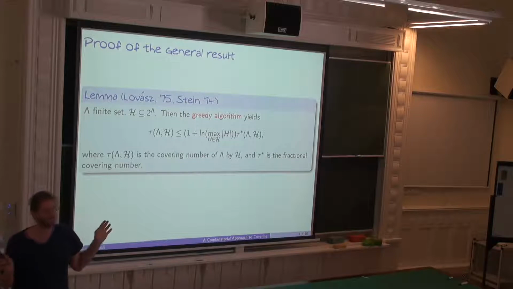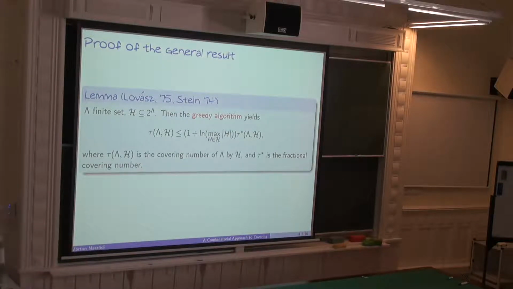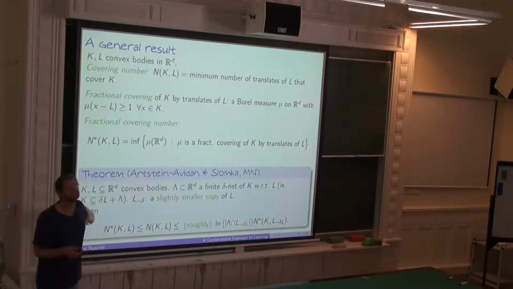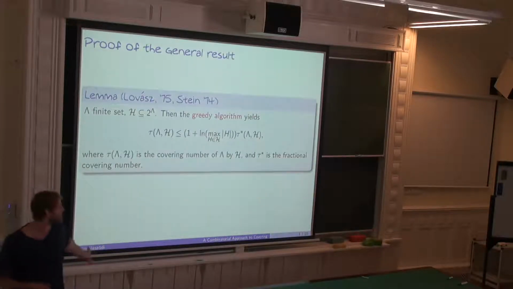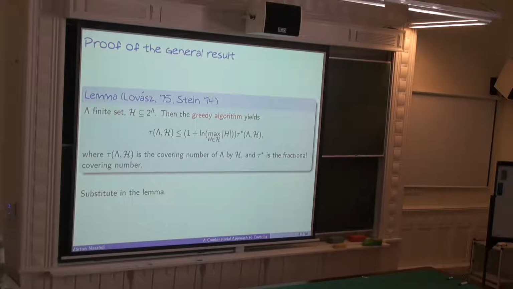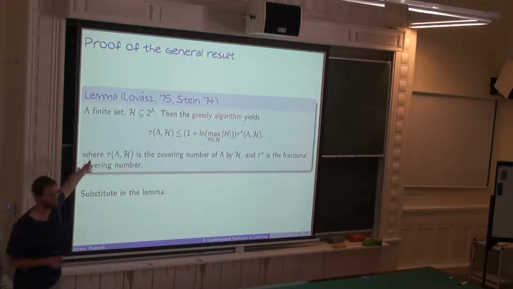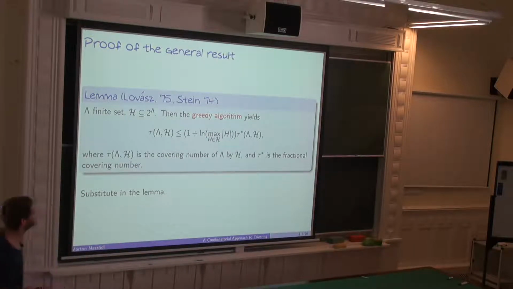So it's algorithmic, it's not probabilistic. And then to prove this result, all you need to do is substitute in this lemma, and you get it. So in a way, the difficulty is hidden in the proof of this lemma, which is of course a very neat proof.